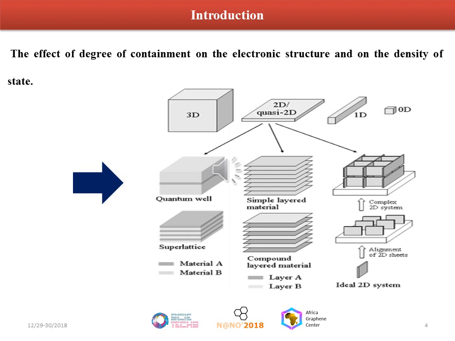These structures are formed in semiconductors by having materials sandwiched between layers of materials with a wider band gap. And then we have materials in one dimension, and nanoparticles or zero dimension, where electrons are confined in all three dimensions of space.